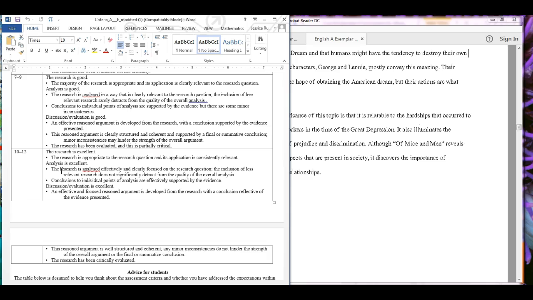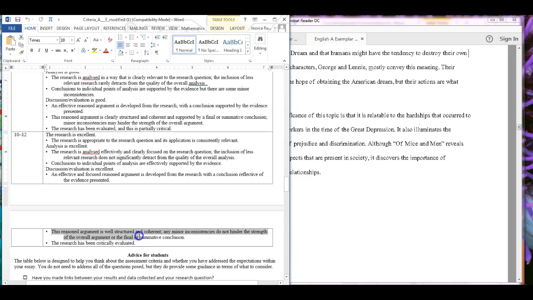Remember, it's an argument, so you have to always be going back to your argument. If you are just reporting facts, then you're not providing any analysis, and you are going to get hit right here. Discussion evaluation is excellent. So remember, if they've separated these, there's a difference between analysis, and there's a difference between discussion and evaluation.